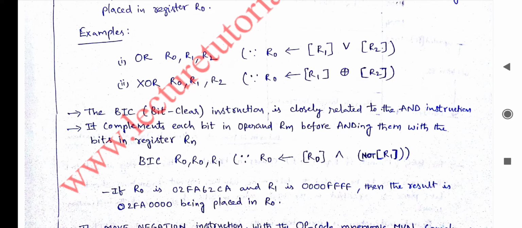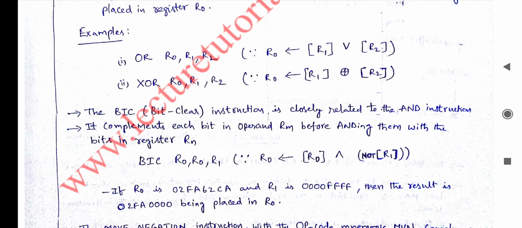Next one, BIC, the bit clear instruction, is closely related to the AND instruction. It complements each bit in the operand Rm before ANDing them with the bits in register Rn. It is just like an AND operation, closely related to it, not exactly an AND operation.